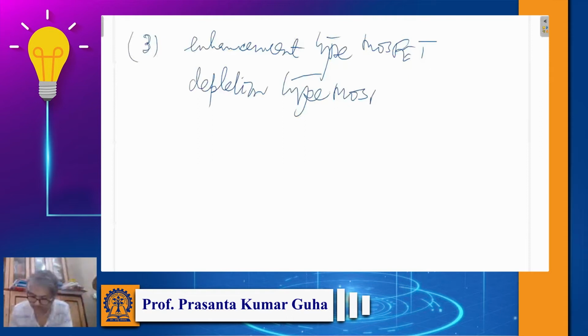In case of depletion type MOSFET, channel exists even.